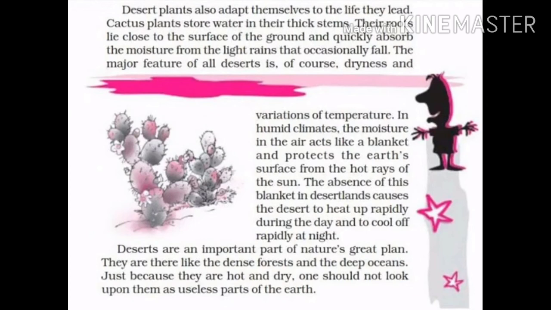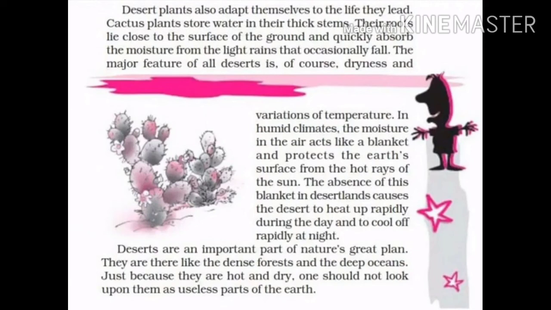So, whenever it rains, cactus plants immediately collect the rainwater and store it in their thick stems, and they would be using it in the future. Children, we already saw that rain happens only occasionally, very rarely. But even during those rare times, cactus plants can collect all the water and store it.